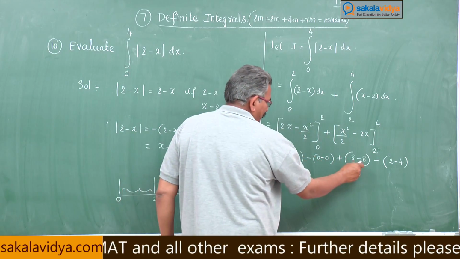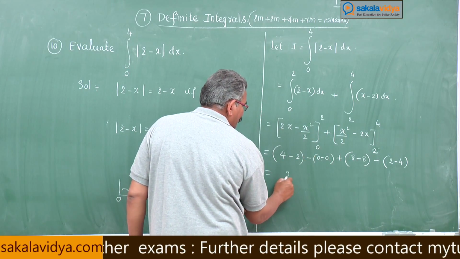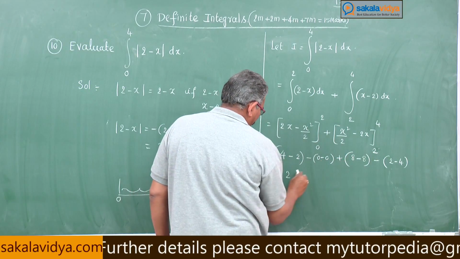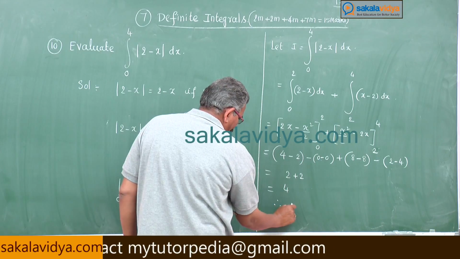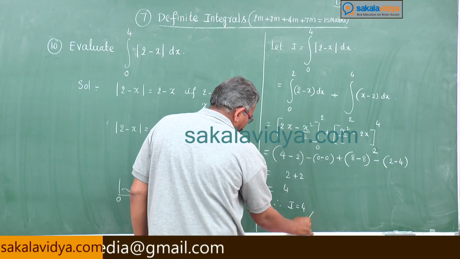This is 0, this is 0. This will be 2 and minus of minus 2, plus 2. The answer will be 4. Therefore, I is equal to 4.